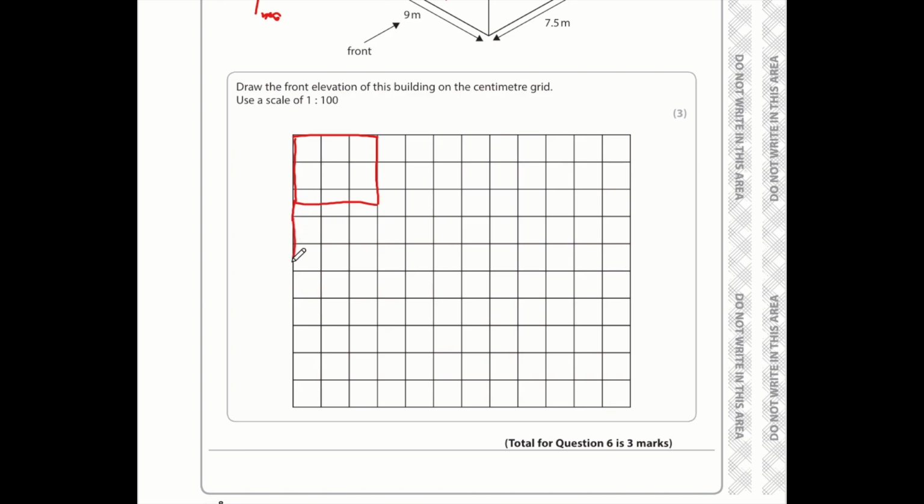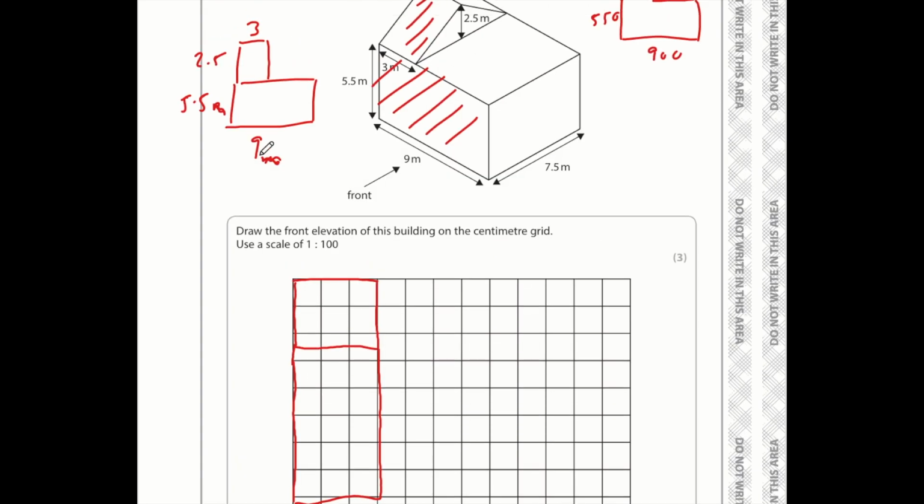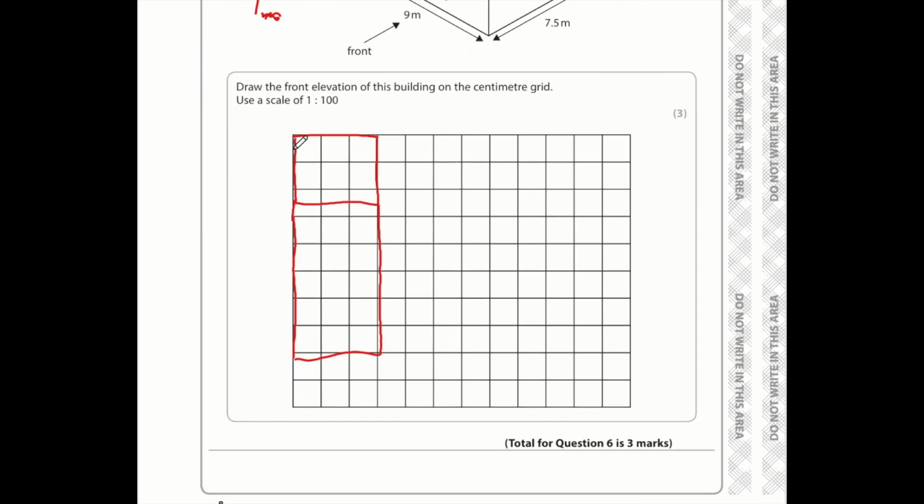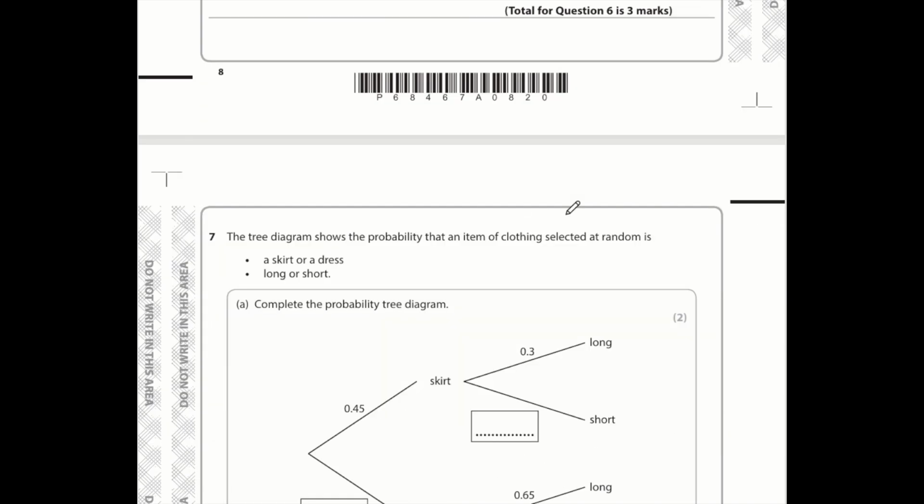So 1, 2, 3, 4, 5, like so, and we want 9 across, so I've already done 3 across, so another 6, 1, 2, 3, 4, 5, 6, that's right, perfect, and there we have it. Okay, there is the front elevation.